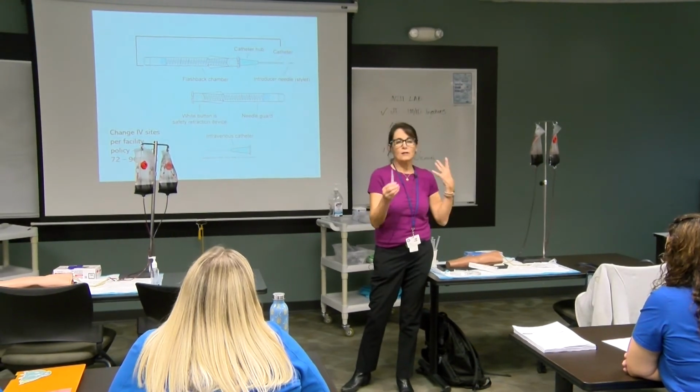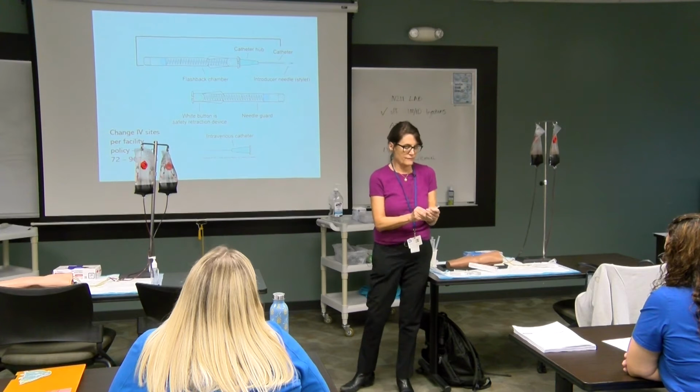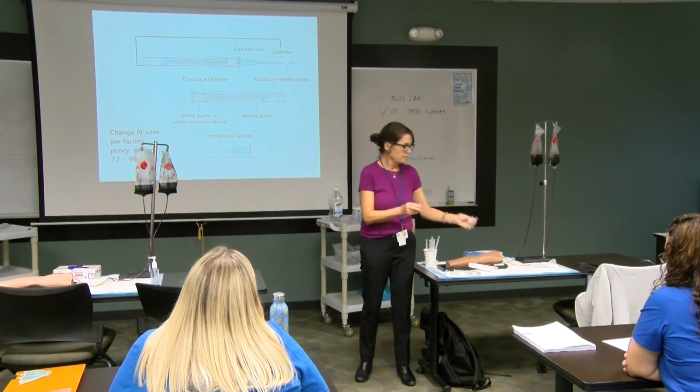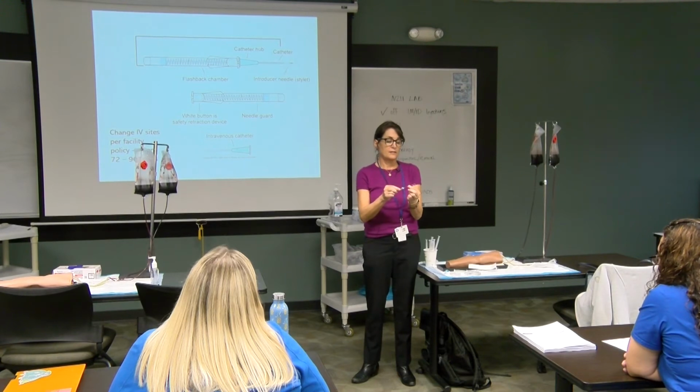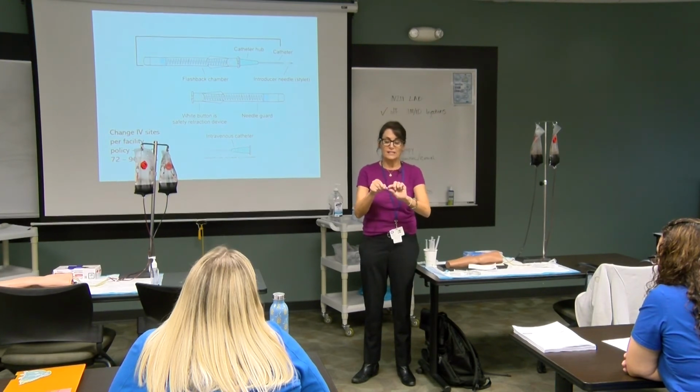There are a lot of different types of catheters, but they have some commonalities. Basically the catheter is over the needle. The needle is what we use to insert it into the vein, and once we're in the vein, we advance the catheter over the needle, so only the catheter is left in the vein.